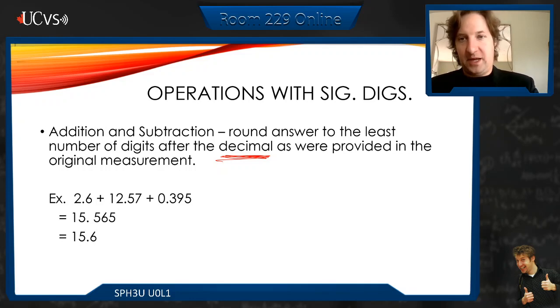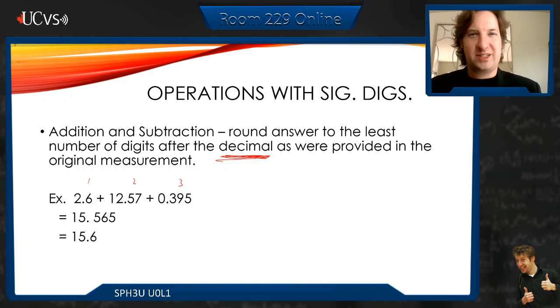So, for example, here I have 2.6 plus 12.57 plus 0.395. So this has 3, this has 2, and this has 1. When I add them, I plug it into my calculator, and it gives me the number 15.565. Now, I can't say that that's my answer because my first number is 2.6.